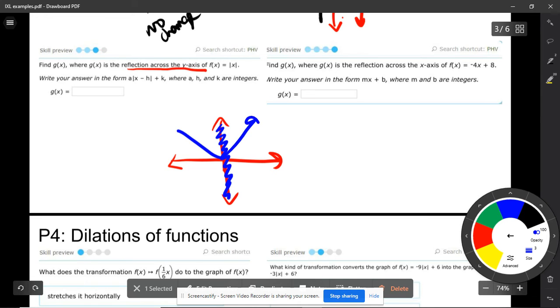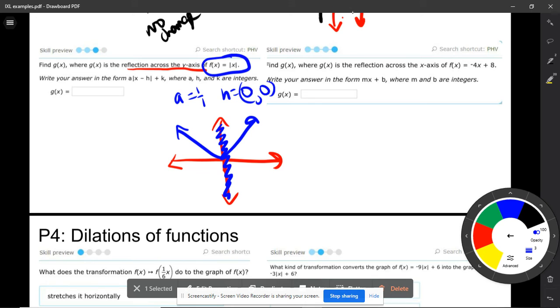It has a slope of a, which would be 1 over 1. And my h and k are both at 0, 0. All right, they gave me the parent function. So if I flip this side to side, my parent function looks like this.